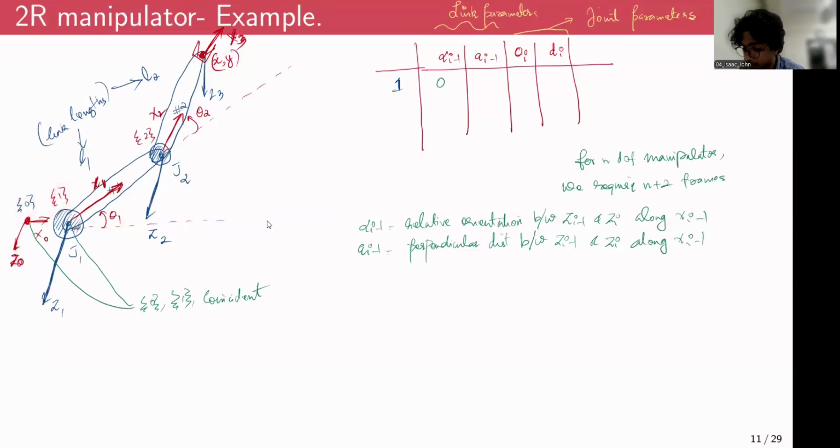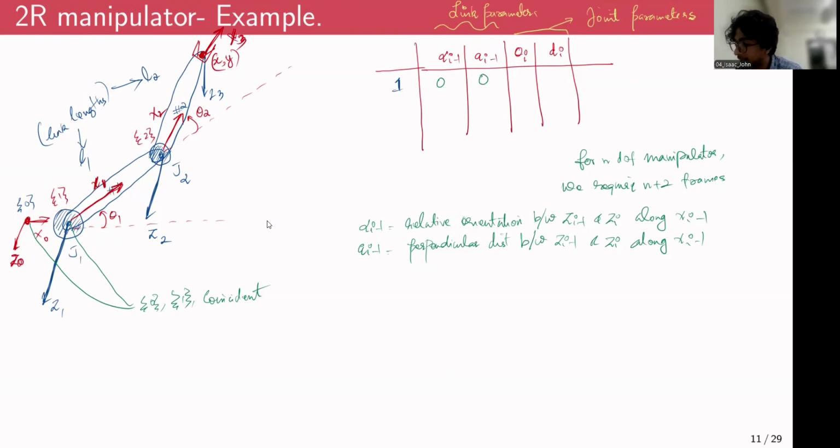So the perpendicular distance between Z0 and Z1 is going to be 0. But if there was a perpendicular distance of some units, you can bring that into the model. In this case there is none, so a i minus 1 measured along x0 is 0.